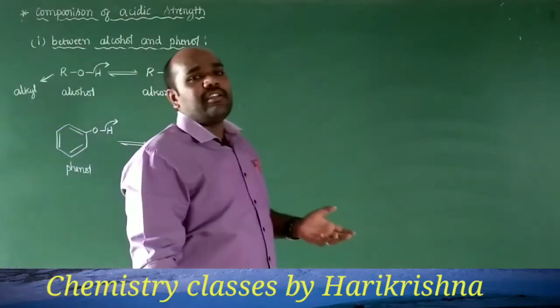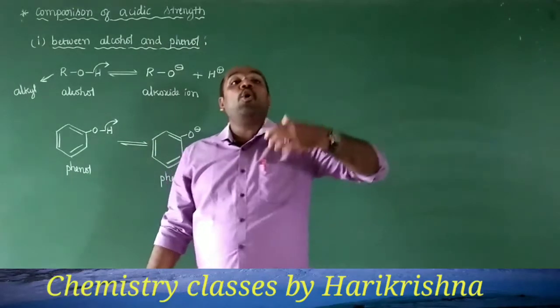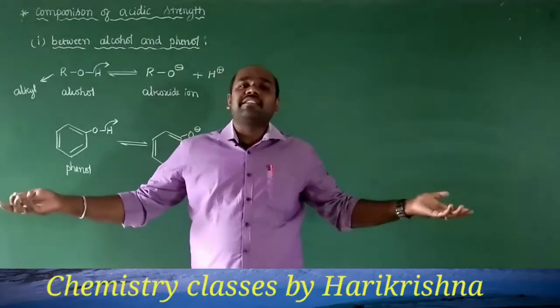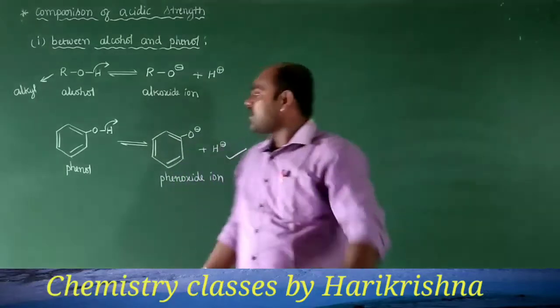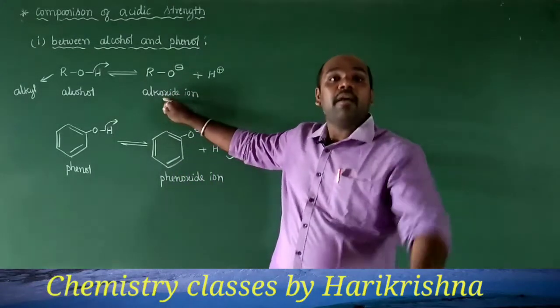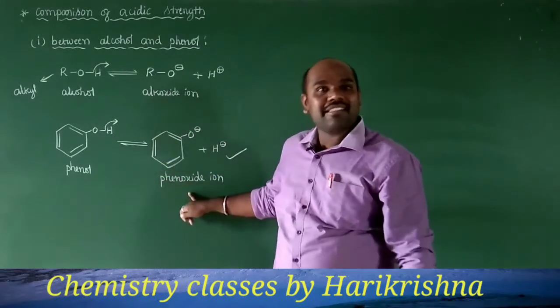So if the material is involved in resonance, then that will become more stable in comparison with the other material which is unable to undergo resonance. So we can say that there is no resonance in alkoxide ion, but there is resonance in case of phenoxide ion.